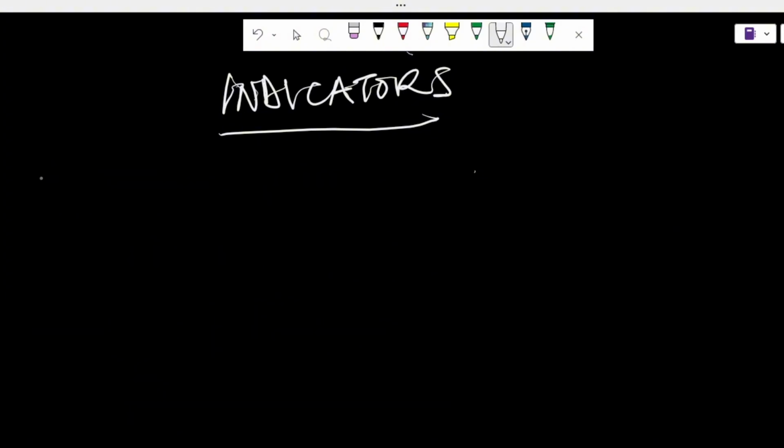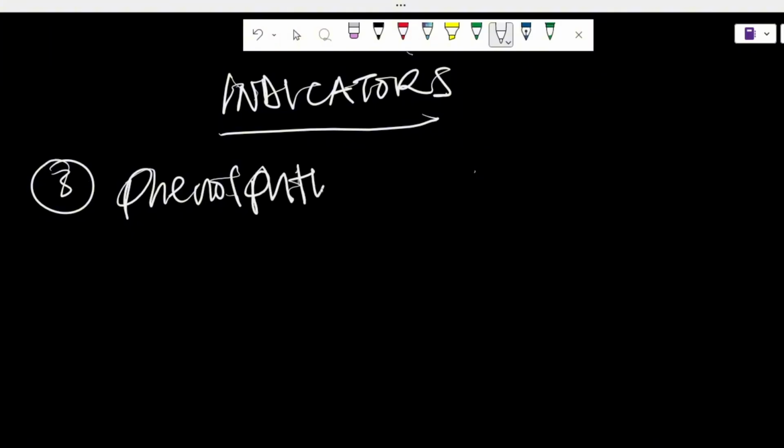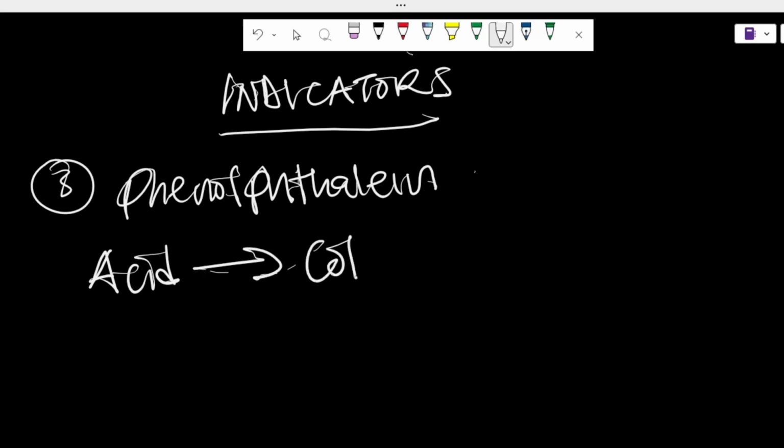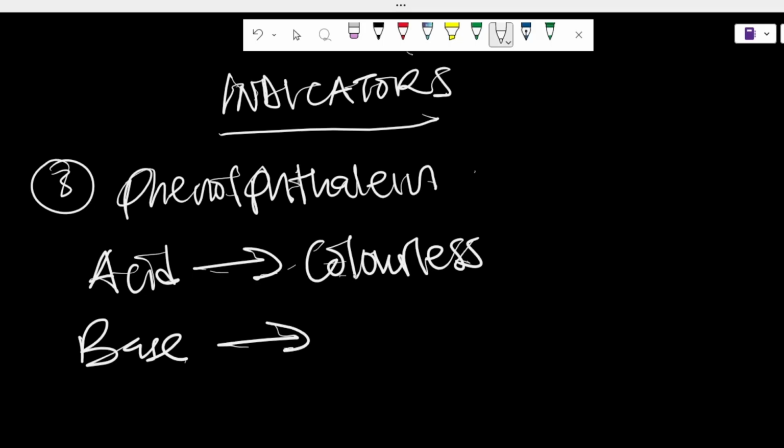Now, the other indicator that we can talk about is phenolphthalein. How does phenolphthalein work? Well, if an acid is present, it is going to turn this indicator colorless, whereas if a base is present, then the base is going to change this indicator to pink.